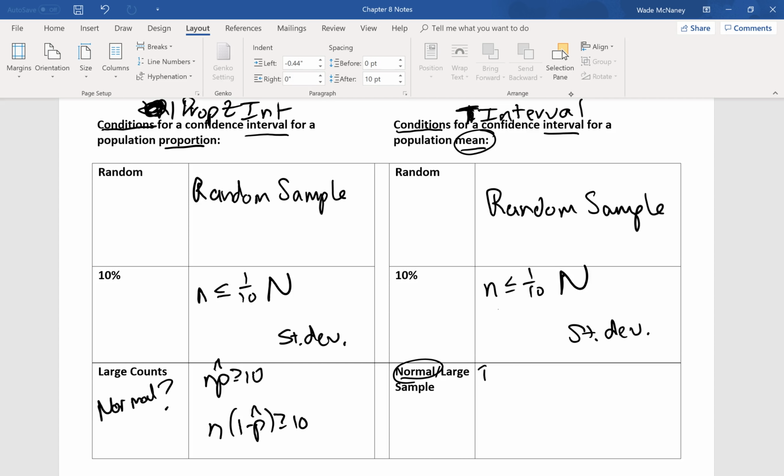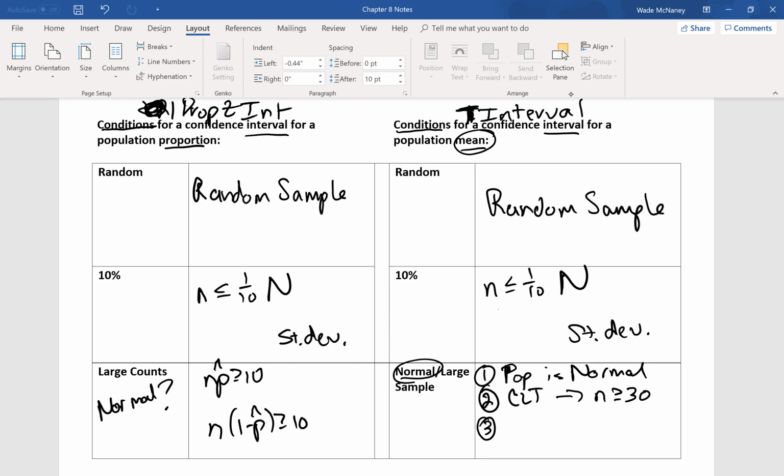This is that hierarchy. Level 1 was if the population is normal, then we're good. Level 2 was the central limit theorem. If the population was not normal, but my sample size was at least 30, then we would say it was still normal enough. And level 3 of this hierarchy, this is new.